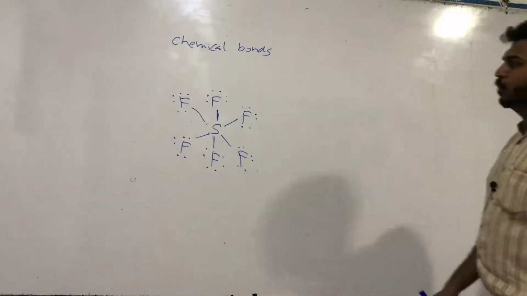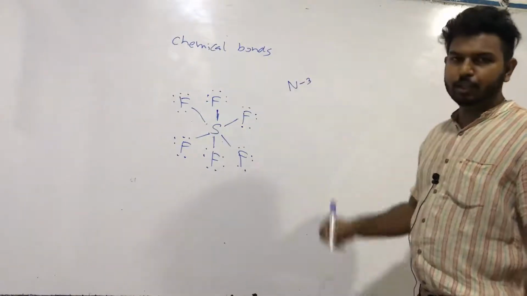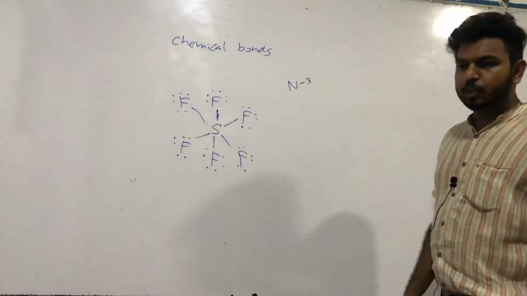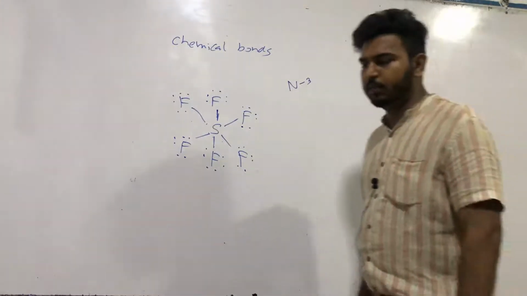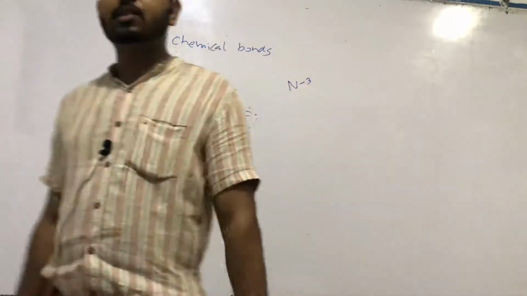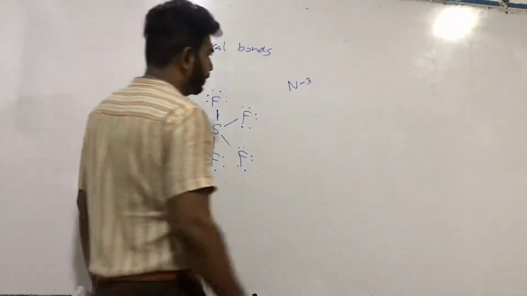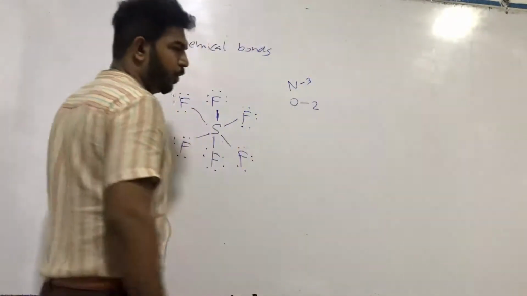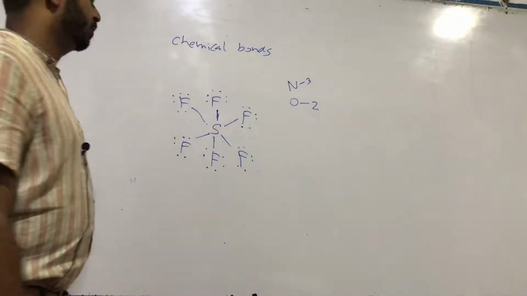You should draw 3 bonds to nitrogen atom. You cannot draw more than 3 bonds for nitrogen atom. Then you have to draw 2 bonds for oxygen atom.